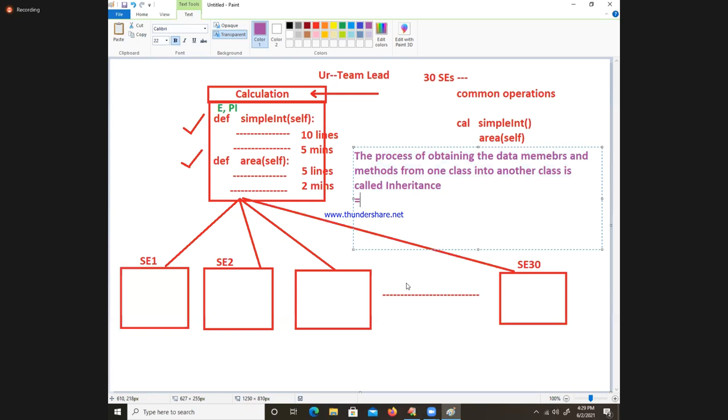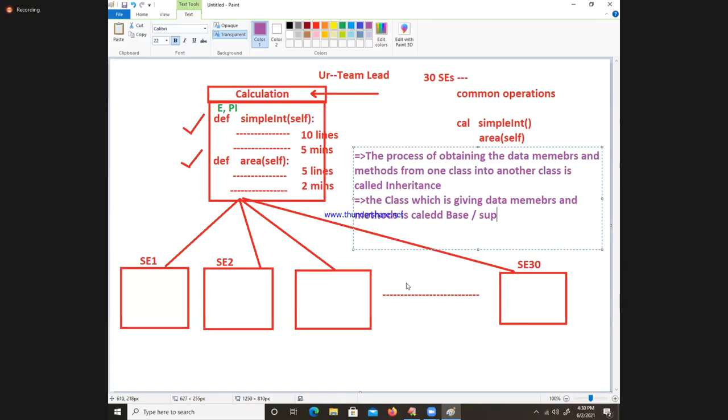The class which is giving data members and methods is called the base or super class.